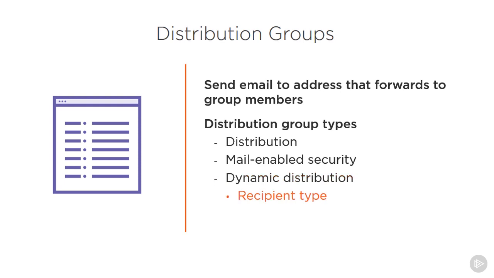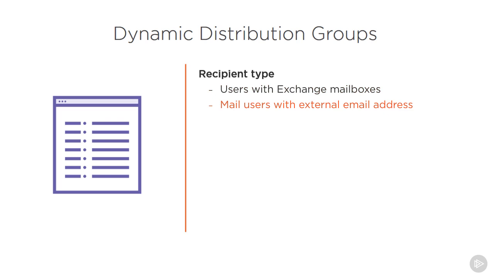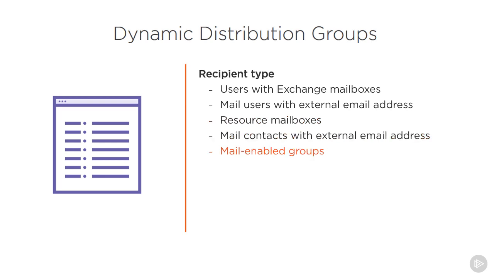And these group settings and conditions are based on recipient type and rule-based. And more about the dynamic distribution groups, specifically the recipient type, we have a few different options to choose from. The first being users with Exchange mailboxes, mail users with external email addresses, resource mailboxes, mail contacts with external email addresses, mail-enabled groups.